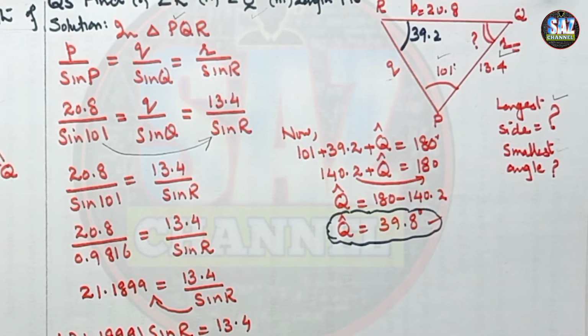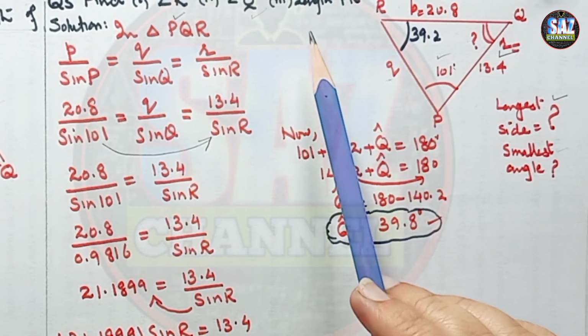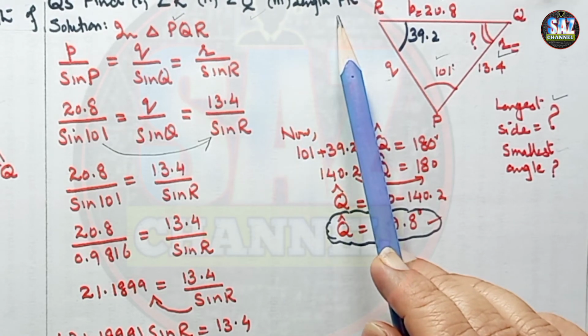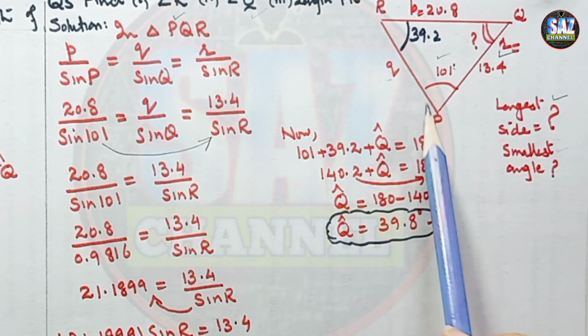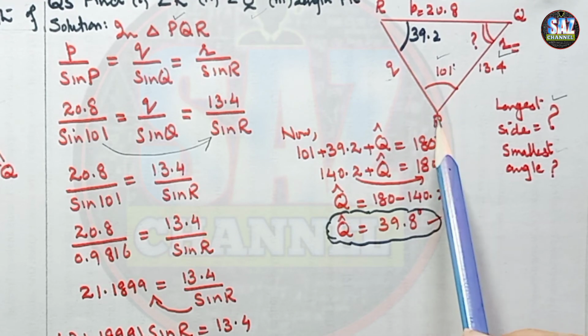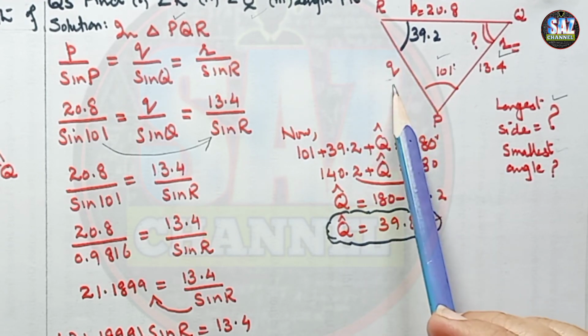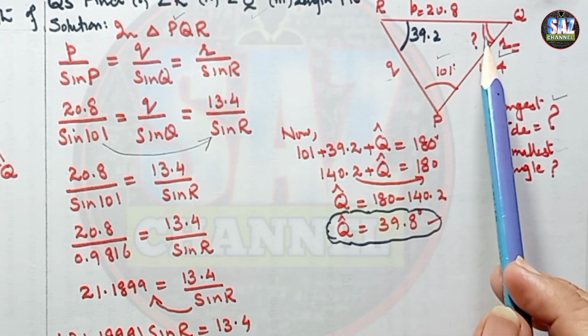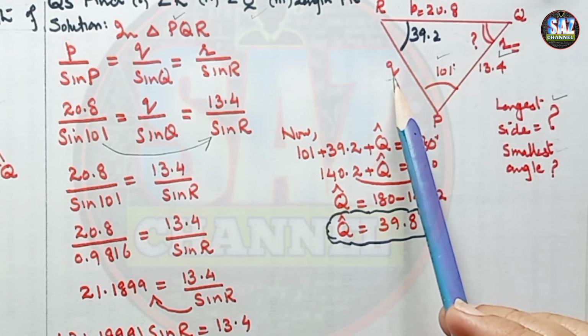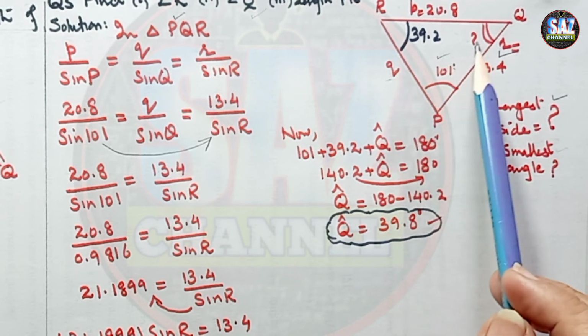Let's move to the third part of the question, and that is the length PR. Focus your attention on the diagram: PR is the side q, which is in front of angle Q. So we have to make use of these two things.